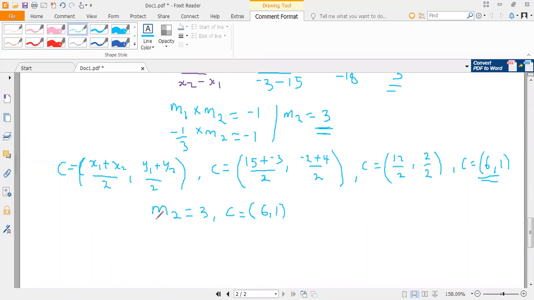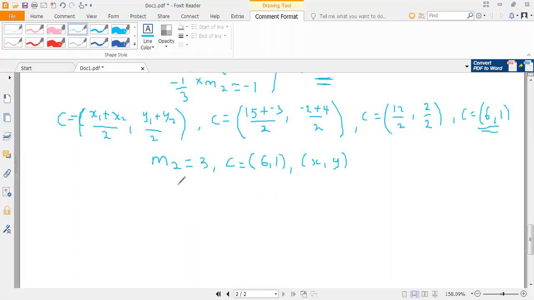To find the equation of this line, we shall assume that it passes through another coordinate with points x, y, and still using the equation of gradient, which is y2 minus y1, that is change in y, divided by x2 minus x1.